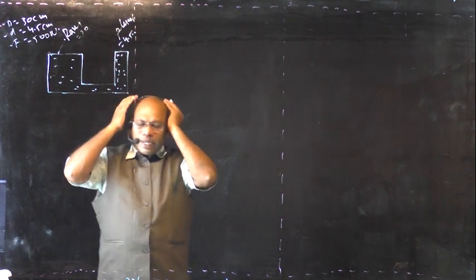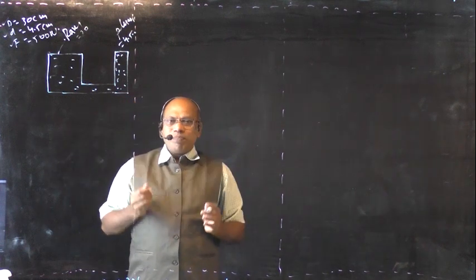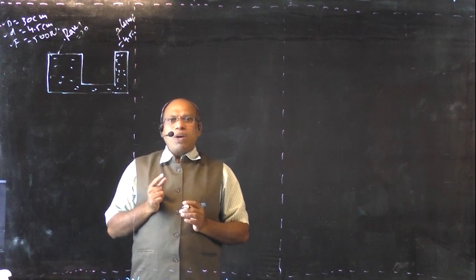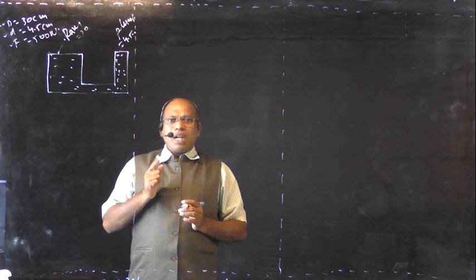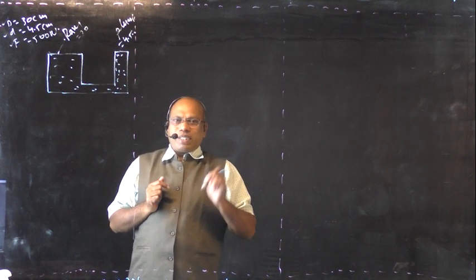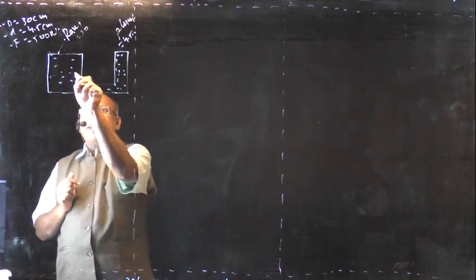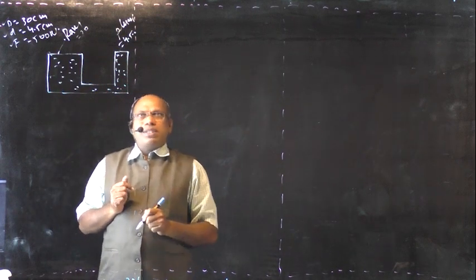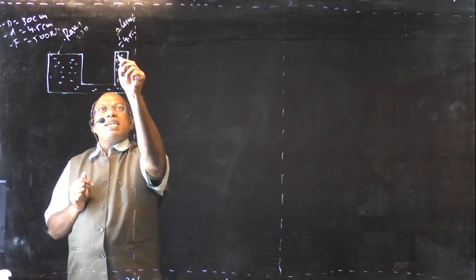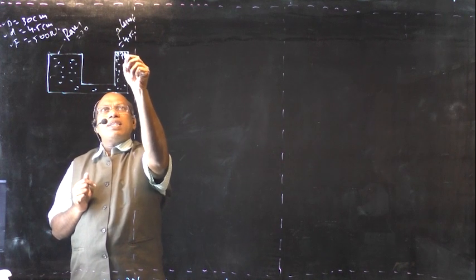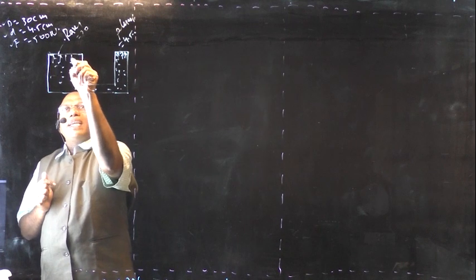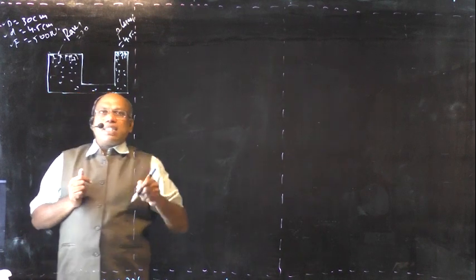Now here apply Pascal's law. Pascal's law states that if the fluid is at static condition, the intensity of pressure at a point is equal in all directions. That means the pressure at the plunger must be equal to the pressure over the ram. This is Pascal's law.